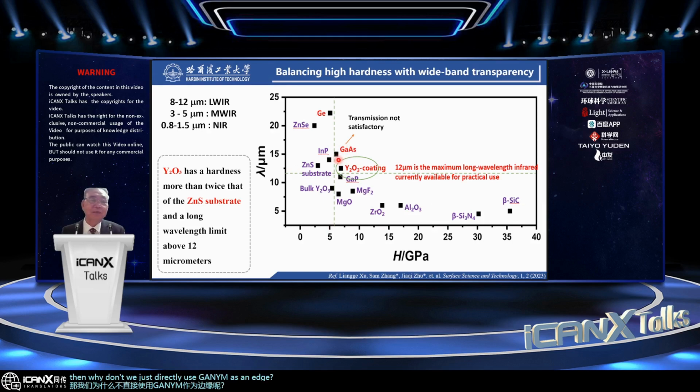Now the problem is gallium arsenide's transmission is not satisfactory. All right, so let's remember this. Yttrium oxide has a hardness more than twice that of the zinc sulfide substrate, and a long wavelength limit above 12 micrometers.